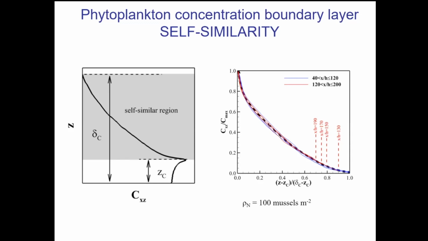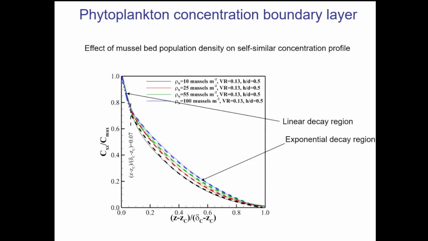Then you can see that all the concentration profiles are basically collapsing into only one profile. And this is very important because then for each case, for each mussel density, velocity ratio, and protrusion rate, we are going to get only one curve showing us the non-dimensional concentration inside of the concentration boundary layer.